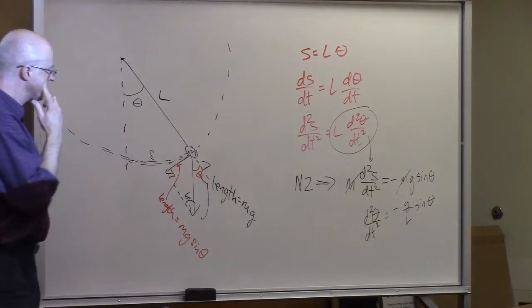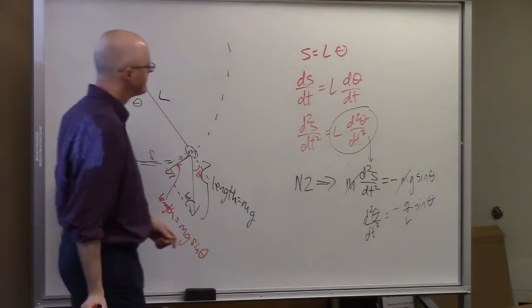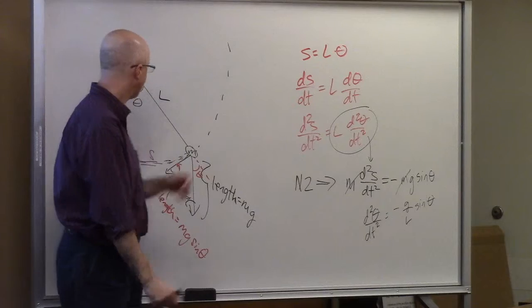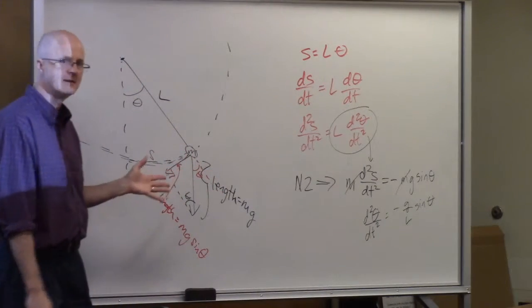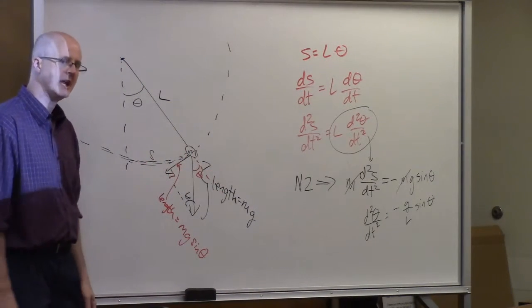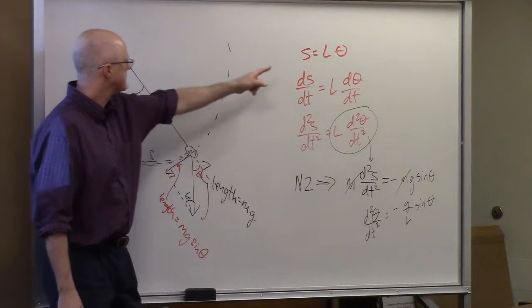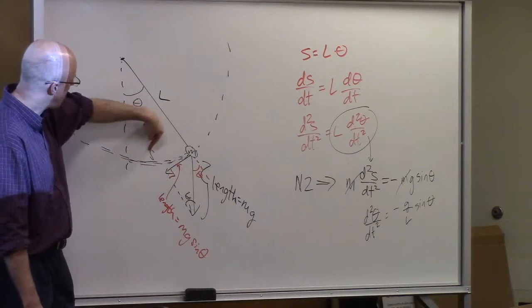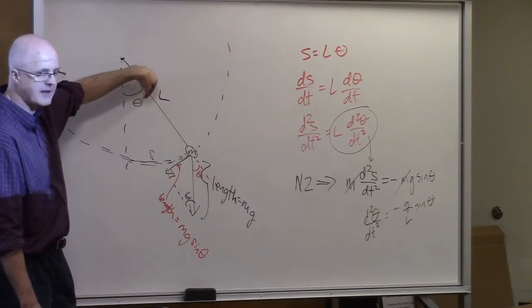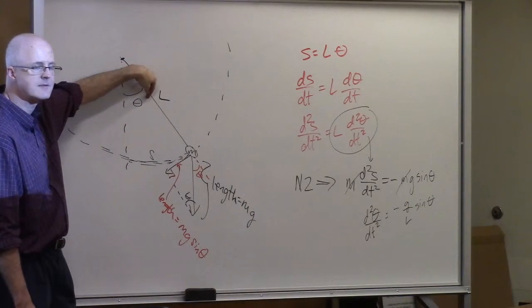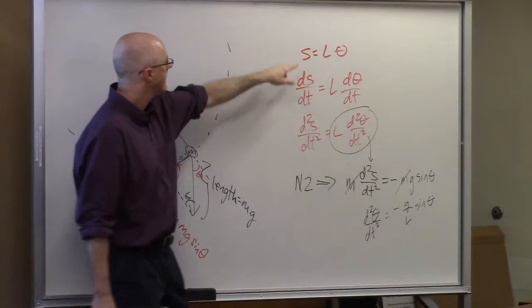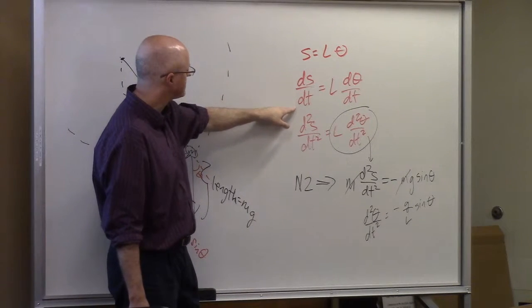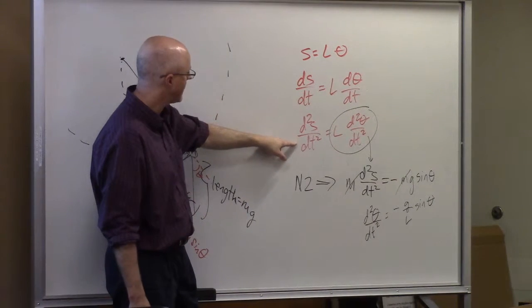Wait, I have a question. So where do we get the L from? L is the length of the rod. It's a stiff rod, so L doesn't change. It turns out the length along the arc, called S, is the same as L times theta when theta is in radians. That's a fact. If I differentiate both sides with respect to t, I get this because L is constant.